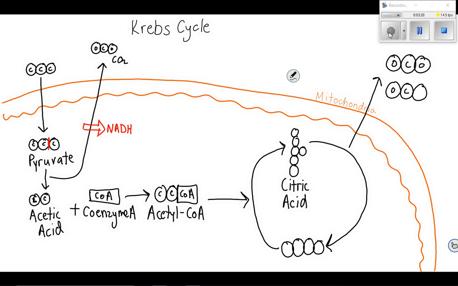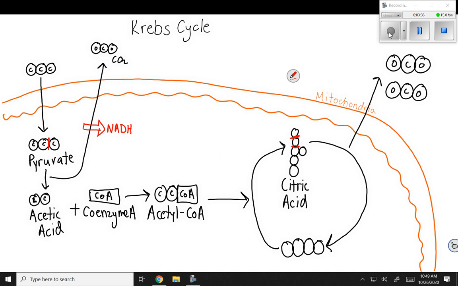And then what was the purpose of that? Just like earlier, we were breaking a bond to release the energy. So there's energy stored right there, there's energy stored right there. And when we break the bond, we release energy, this time in the form of ATP and NADH and a new electron carrier called FADH2.